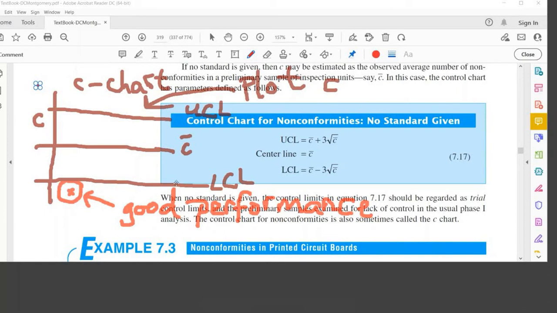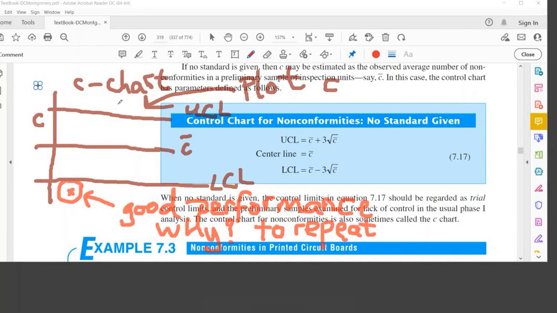If you want to use the lower control limit, we want to see why it is good performance, so that we can repeat similar good performance in future production. Meaning a lower number of C, so that your future production will also have a lower C value.